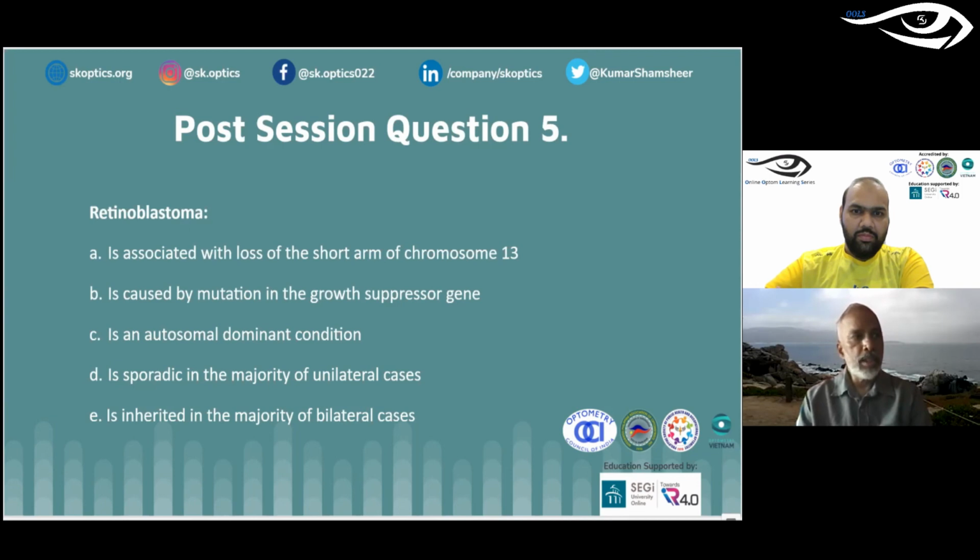There's another condition called Li-Fraumeni syndrome, which causes multiple cancers in different parts of the body. So one gene which is so uncommon, research led to finding 35 other genes which cause the same mechanism. You know Knudson's hypothesis, right?